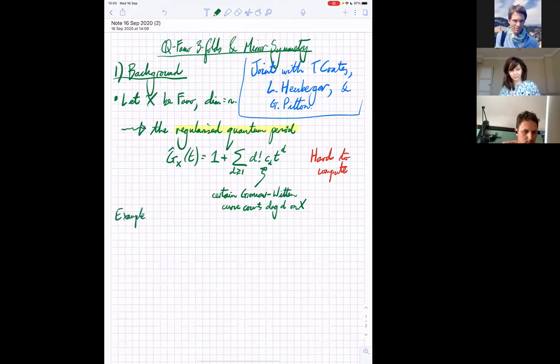And it's going to be a recurring example, assuming I don't run out of time. So if we just took projective space, fortunately in this case, this isn't so hard to compute. Givental tells us how to do this. And just to give you a feel for these things, it looks like this.